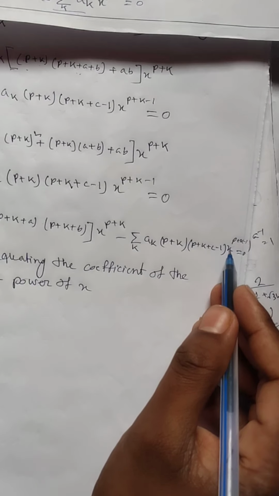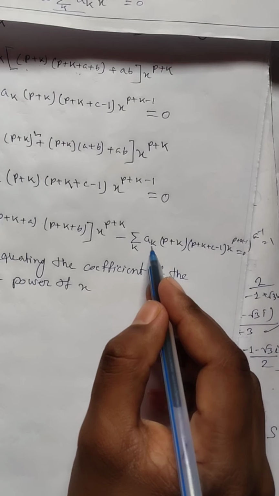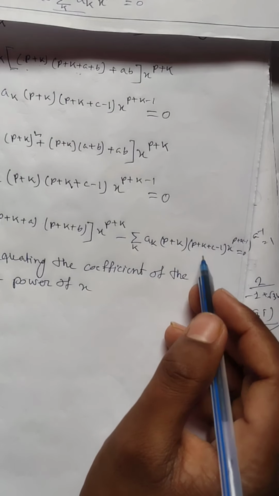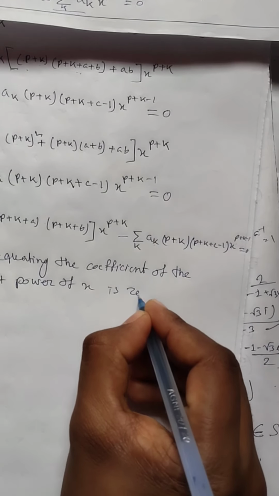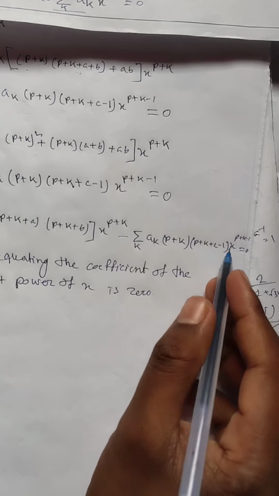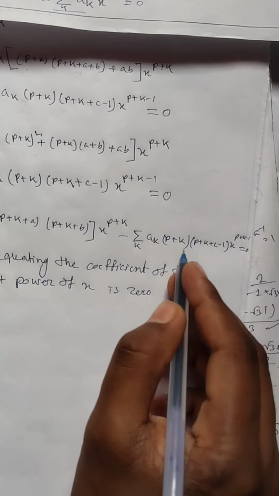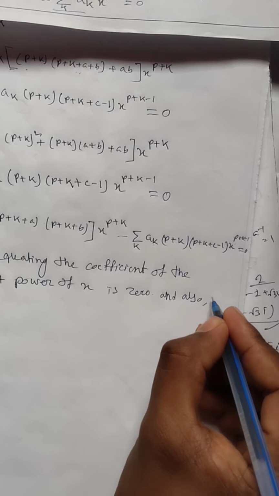This is the lowest power of x, and the coefficient of x to the power p plus k minus 1 is ak (p plus k plus c minus 1) is 0. Means here we take x to the power p plus k minus 1, its coefficient is 0, and also k equal to 0.